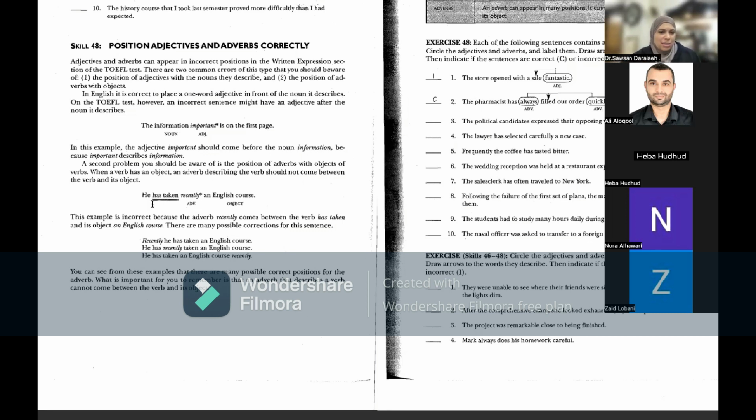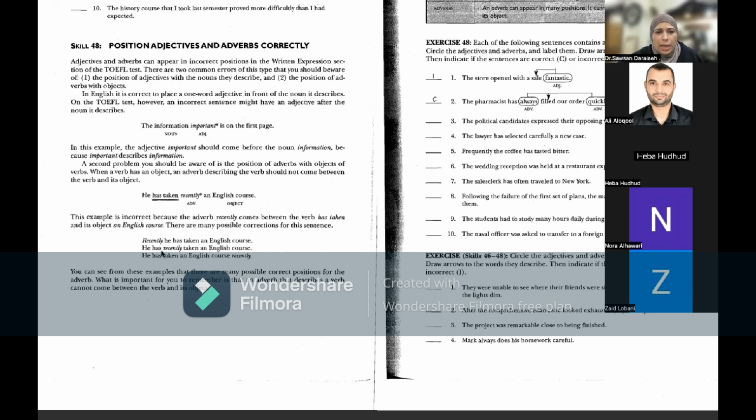So when we have a sentence, guys, that has a subject, a verb, and an object in this kind of way, and we have an adverb, where do we put the adverb? Look, these are the 3 ways that you can position the adverb. Either "Recently he has taken an English course," before the whole sentence begins, or between the 2 sections of the verb, if it's made of 2 sections like this, "He has recently taken an English course."